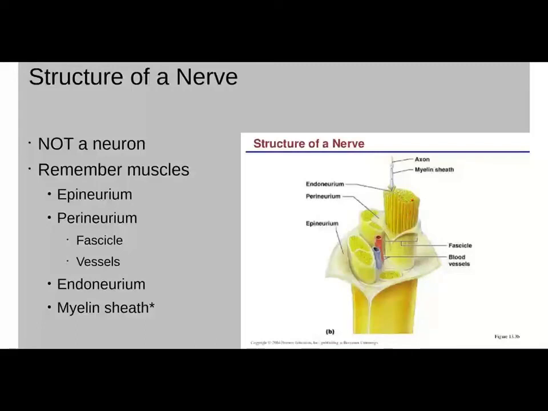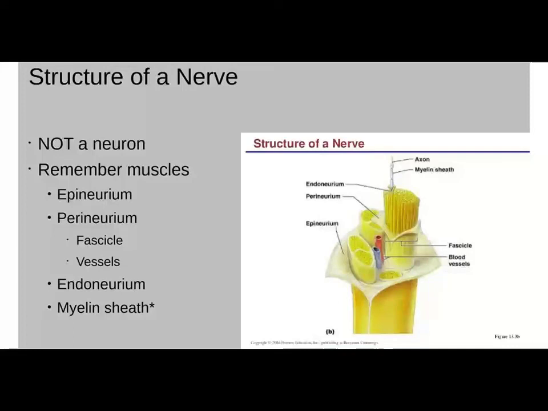These are our axons. And axons have their own wrapping, the endoneurium. So axons are wrapped in an endoneurium. Several of them together make a fascicle, which is wrapped in a perineurium. And then several fascicles together make a nerve, which is wrapped in the epineurium.